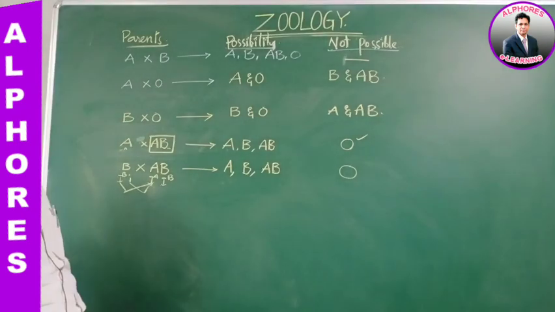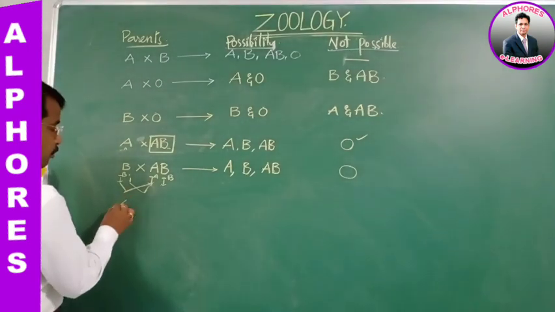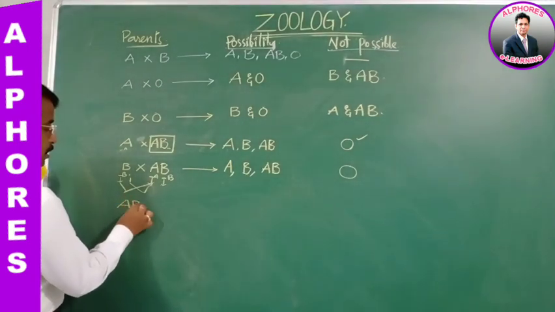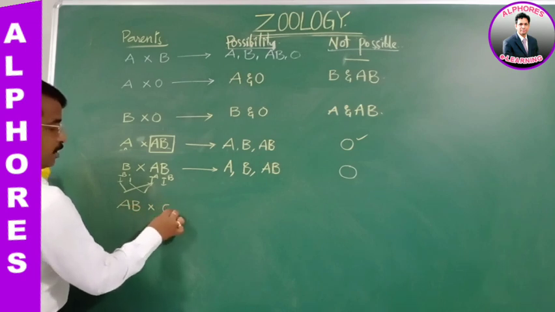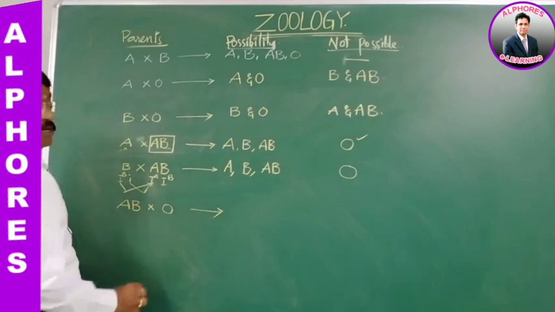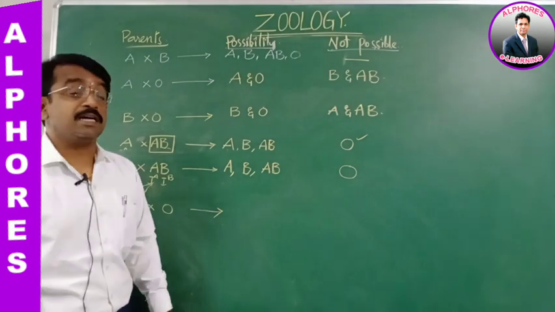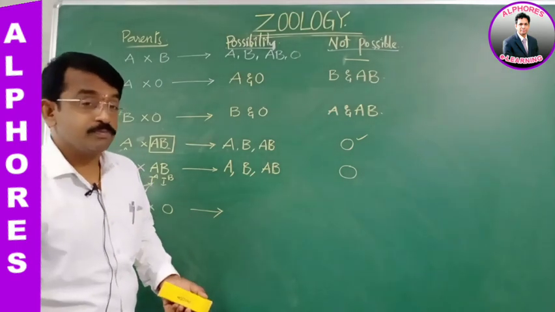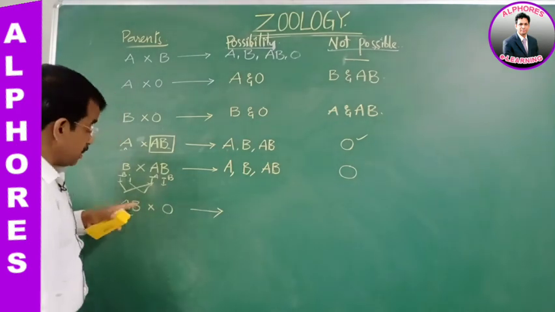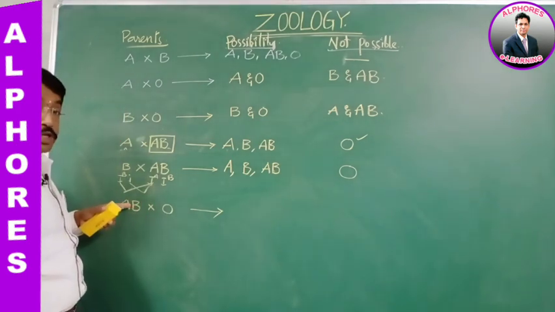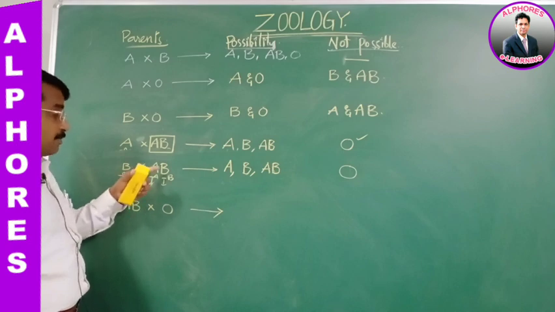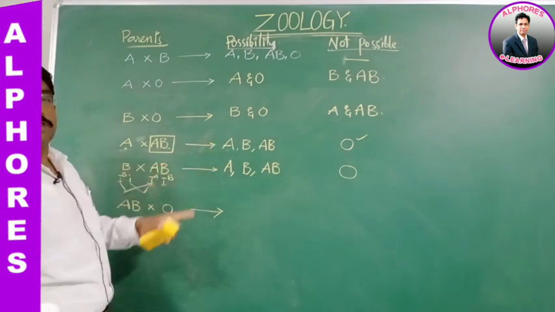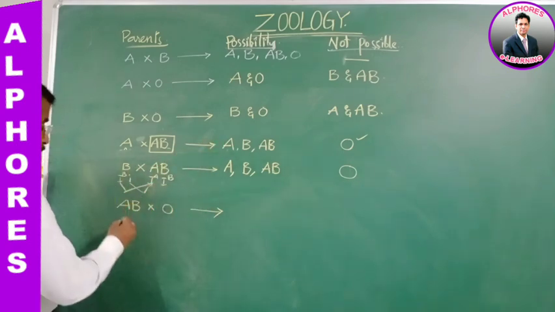Same thing. Next, if we go to AB and O, let's see. Here the question is, if one of the parents is O blood group, does the progeny have the O blood group? The condition you have to see is that the other parent should not be AB. If one of the parents is AB, no progeny is with the O blood group. So no chance.